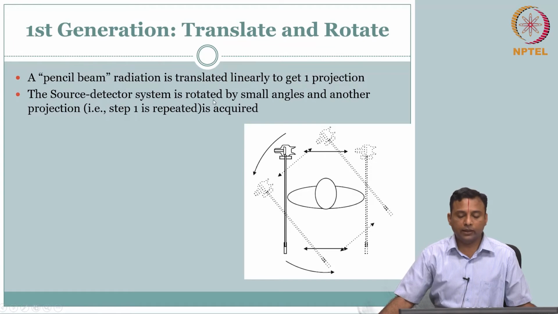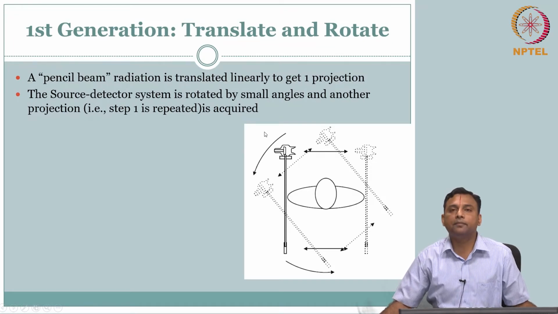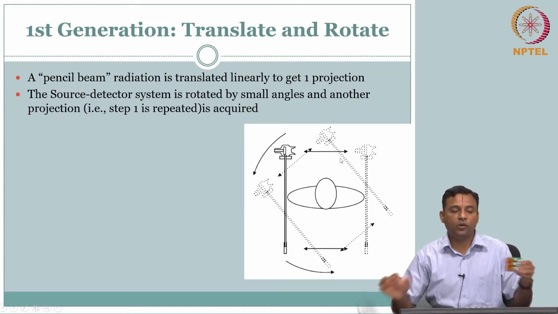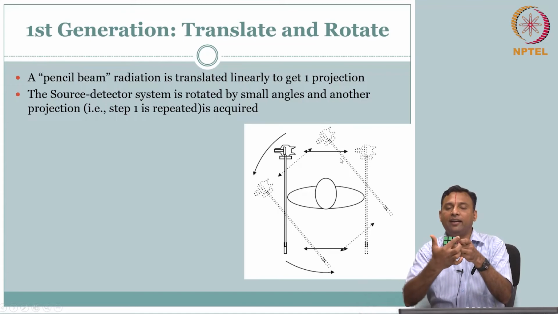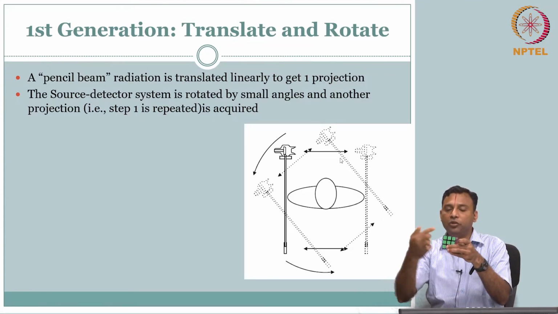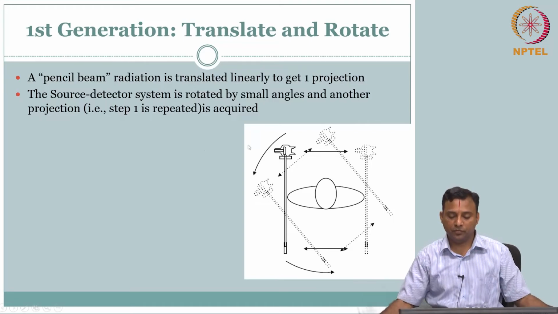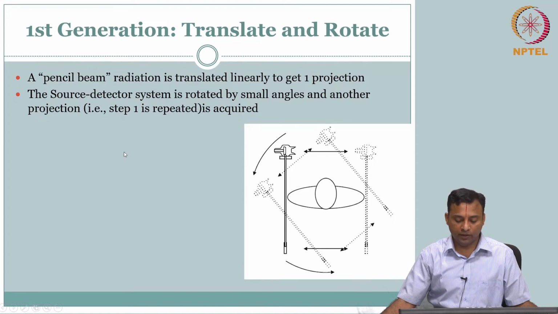The source and detector are rotated by small angles, and you repeat this. So you get this one line from different views. Okay, so this is your first generation setup.